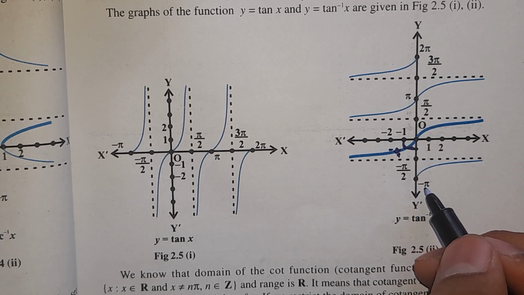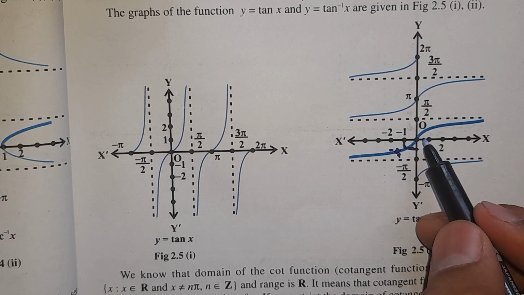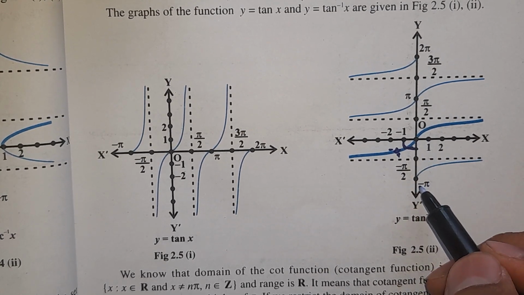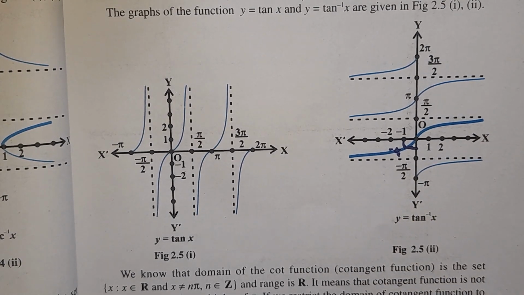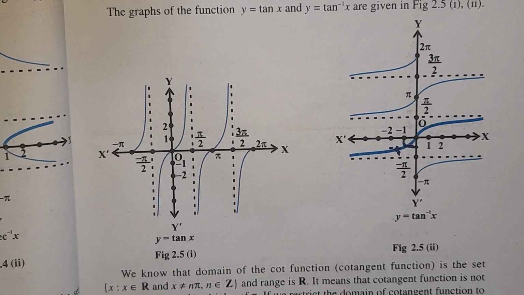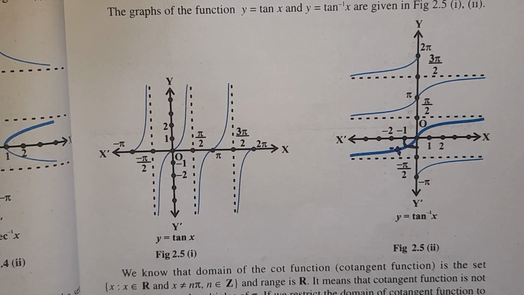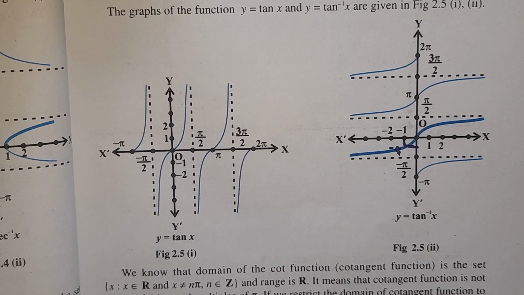Tan inverse of 0 is 0. In simple words, I can say that tan value is positive in the first and third quadrants only. If the angle lies in the second and fourth quadrants, then it will be negative.